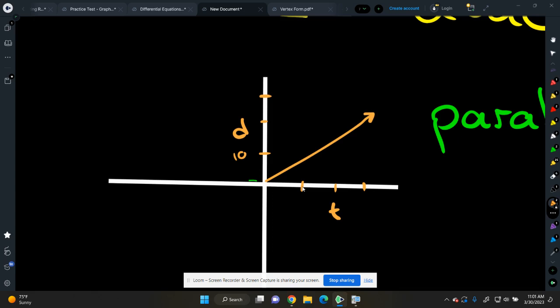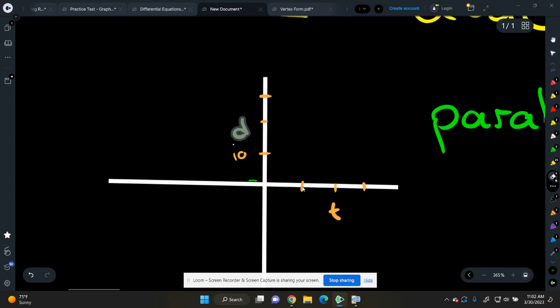That's what a linear equation tells us, that it's a constant rate of change. A parabola represents something that's not constant.